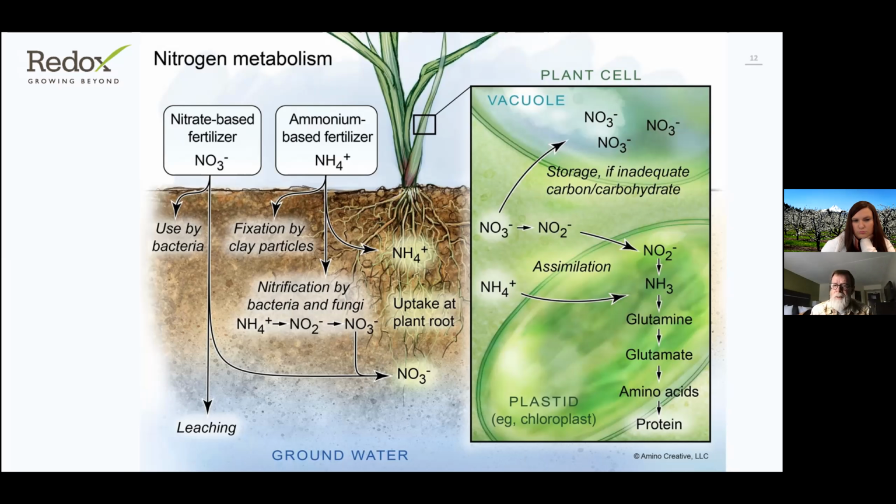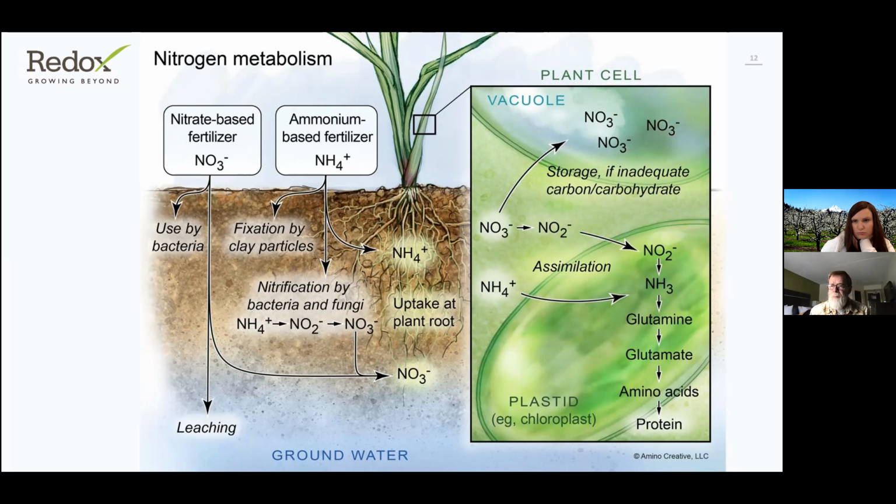The problem is, unless it goes through reduction, it's going to be toxic to plants. Ammonium-based fertilizers can be fixed by the clay particles in the soil because it does have a positive charge. It also goes through a nitrification process by bacteria and fungi, ultimately becoming nitrate and getting back into the plant.